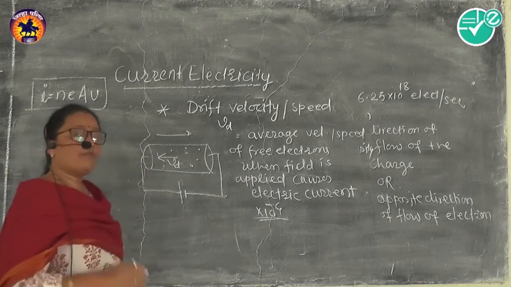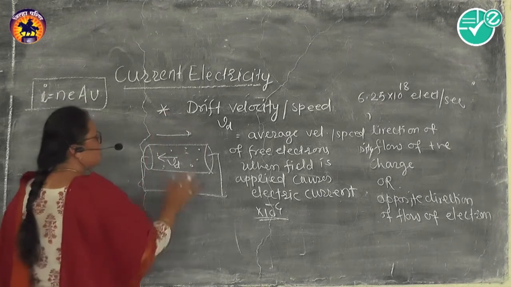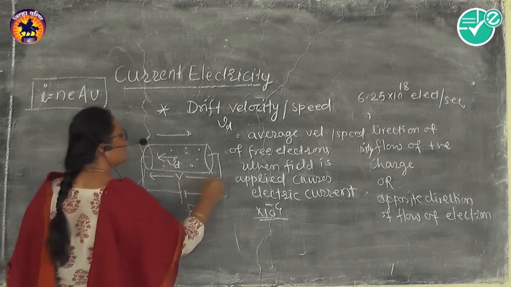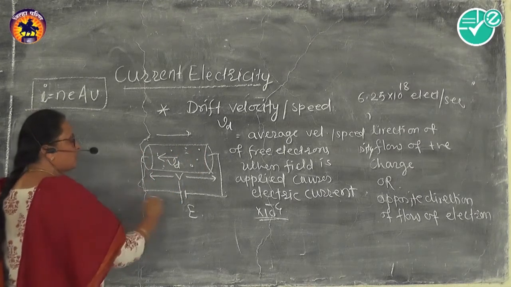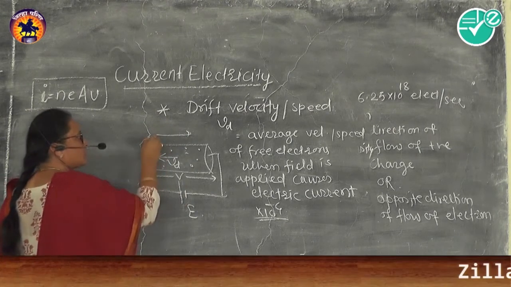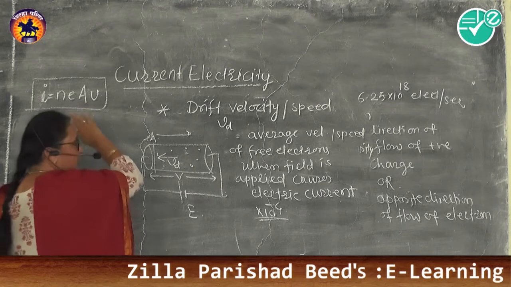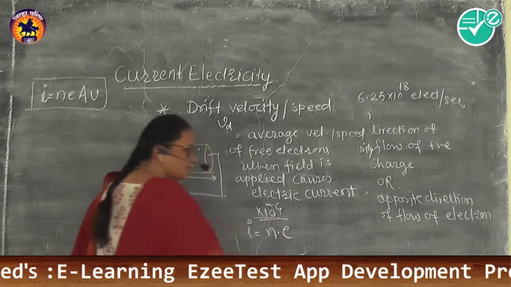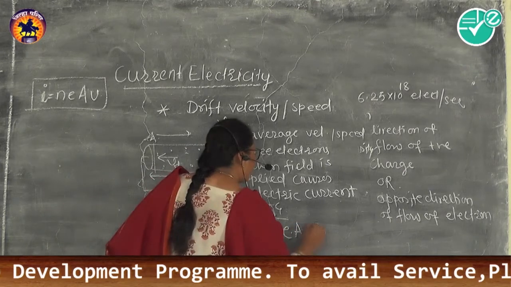Now we have to write the relation for drift speed or drift velocity. As we know, due to the application of this electric field E, where V is a potential, these electrons are now moving with velocity Vd towards the positive terminal. So the motion of these electrons through this area of cross section A in unit time gives the relation for current: I is equal to N into E, the total charge moving through area of cross section A with velocity Vd.